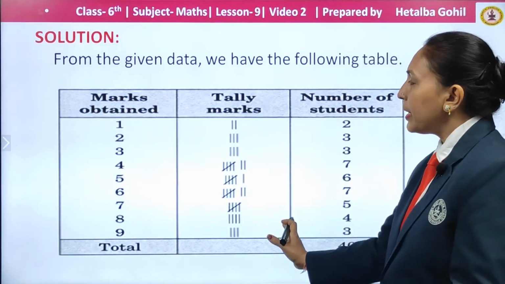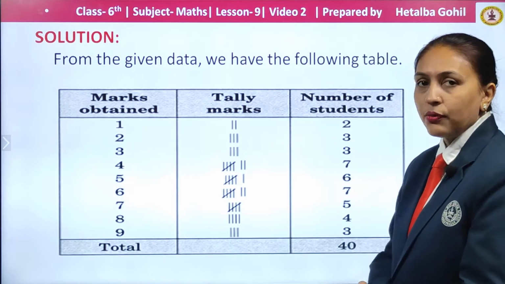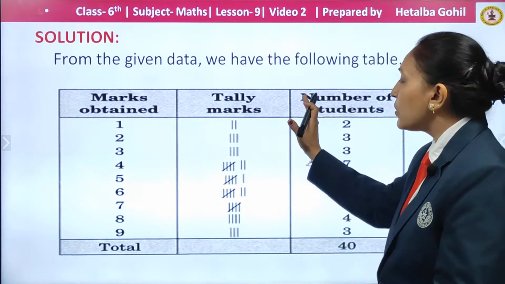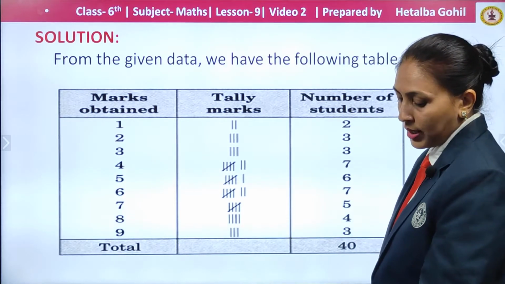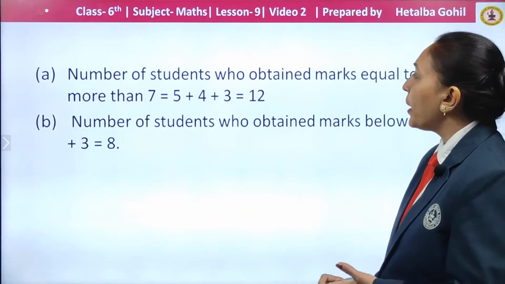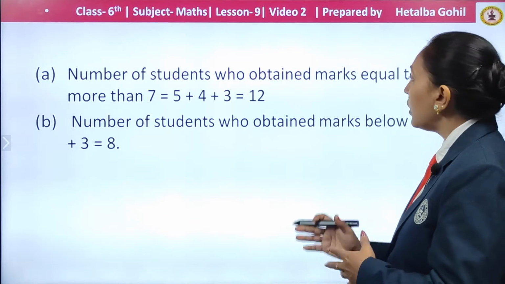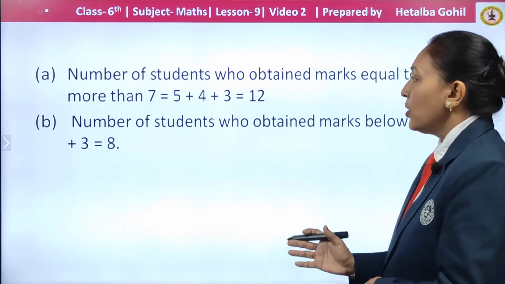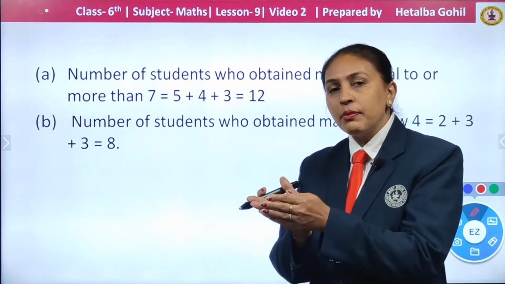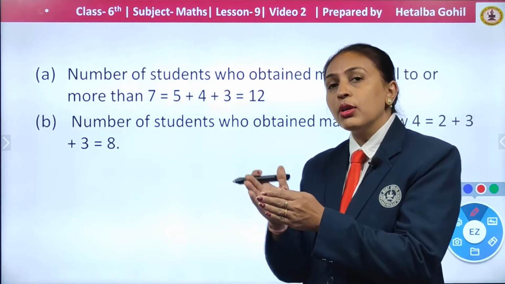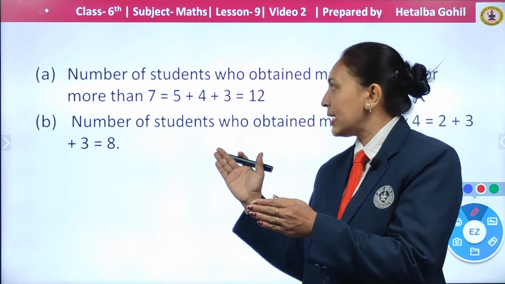So after representing the given data in the form of tally marks, children, now it is very easy to answer the question. It was asked to us, how many students obtain marks equal to or more than 7. So equal to or more than 7 means 7 will be included. So it will go above 7: 7, 8 and 9.